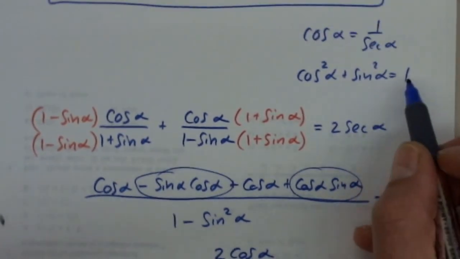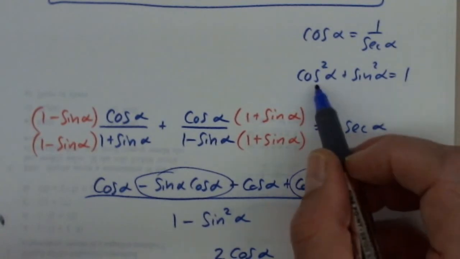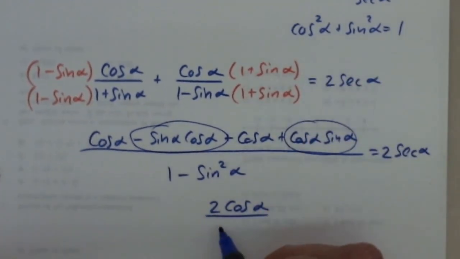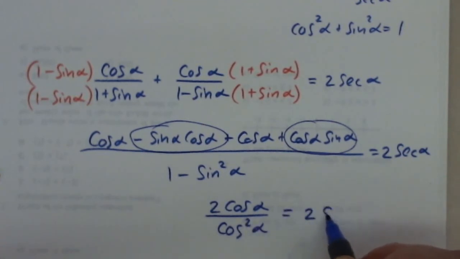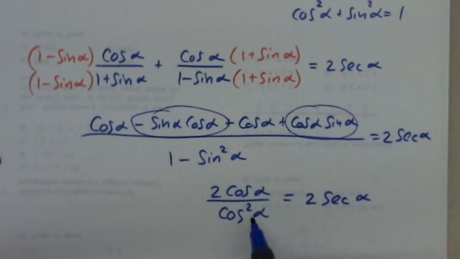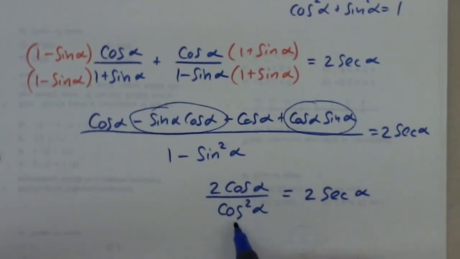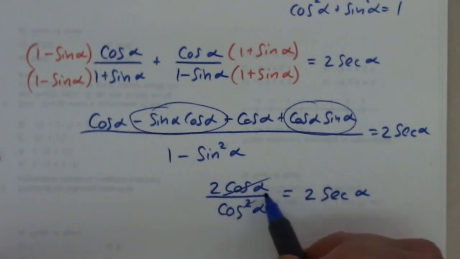Up here we see 1 minus sine squared is cosine squared. And then we can reduce this. There's a cosine and cosine squared in the denominator, so this cancels that.